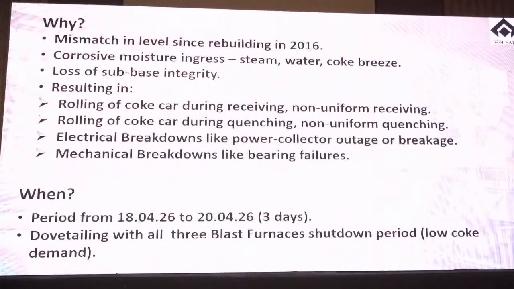So we were having some little issues in our OIS cross battery interlocking. But slowly over the years, this problem aggravated due to loss of sub-base integrity, and of late we were having many electrical breakdowns like power collector outage or breakage, and also one mechanical breakdown, a bearing failure, took place.